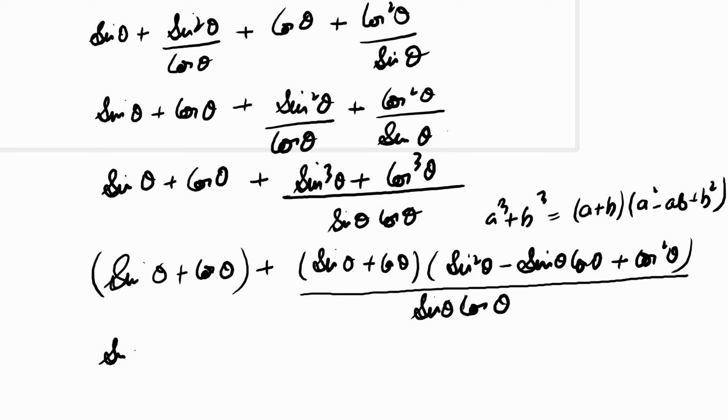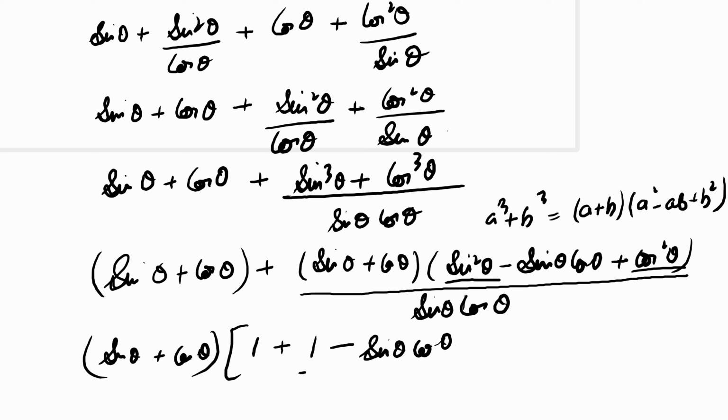We will take sin theta plus cos theta as common, and we will be left with 1 plus, here sin square theta plus cos square theta will become 1, so 1 minus sin theta cos theta upon sin theta cos theta.